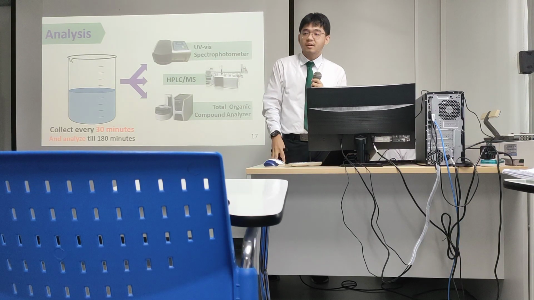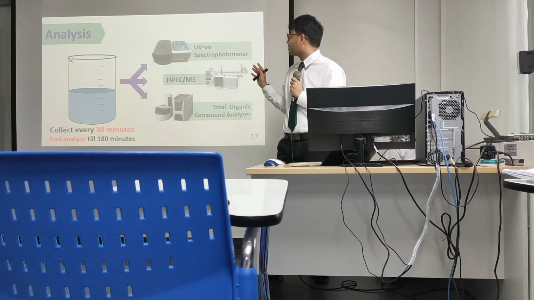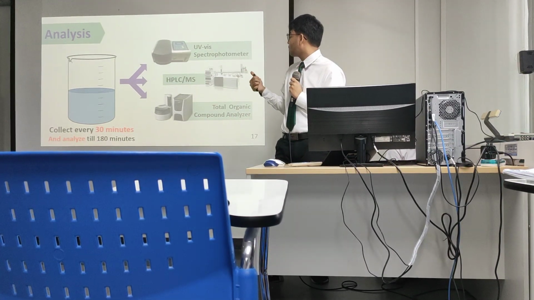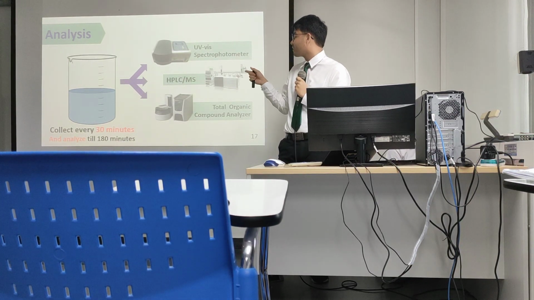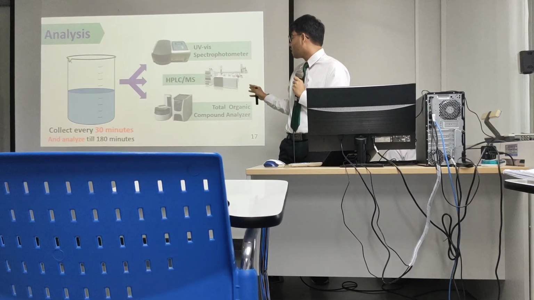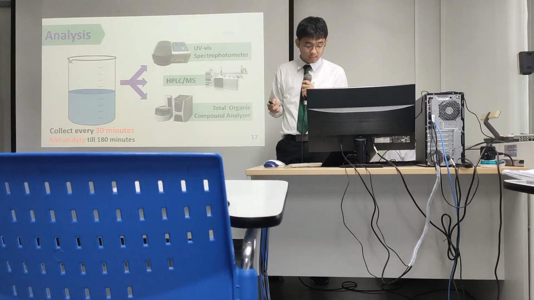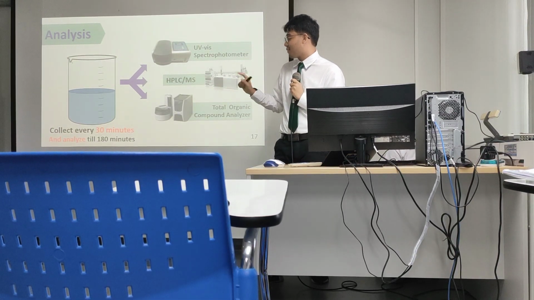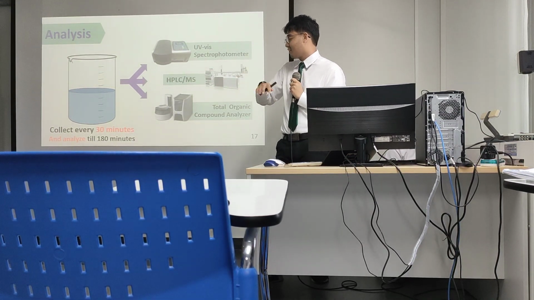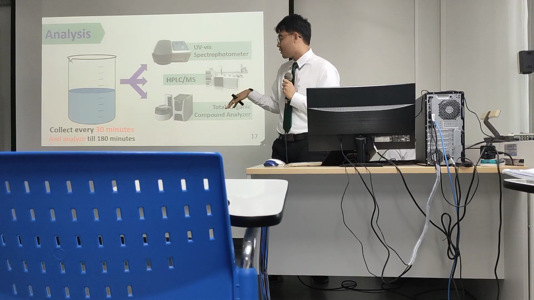For the analysis, there are three main analyzers: UV spectrophotometer, high performance liquid chromatography, and mass spectrometry. The last one is the total organic carbon analyzer. I collected samples every half an hour and analyzed them until 3 hours.